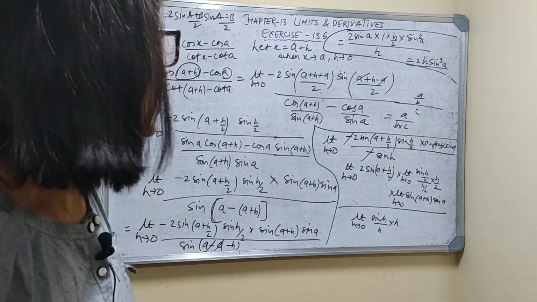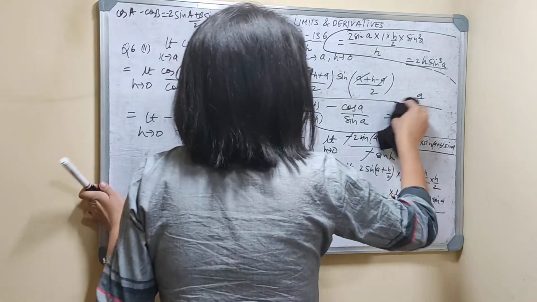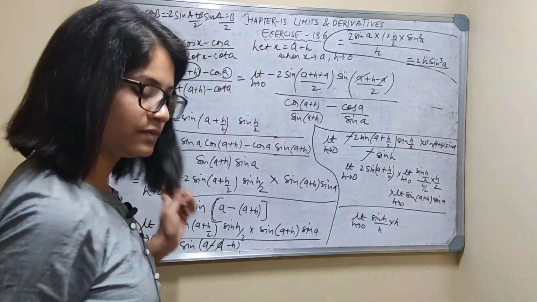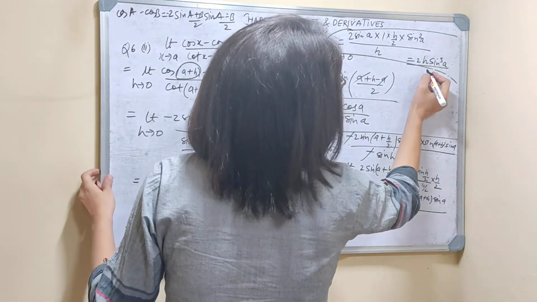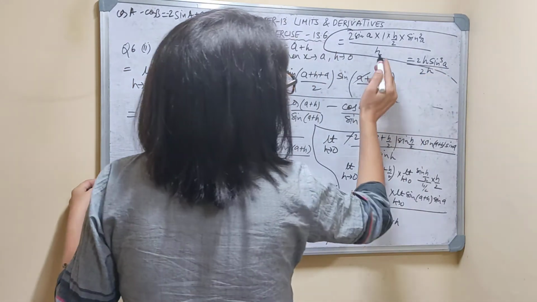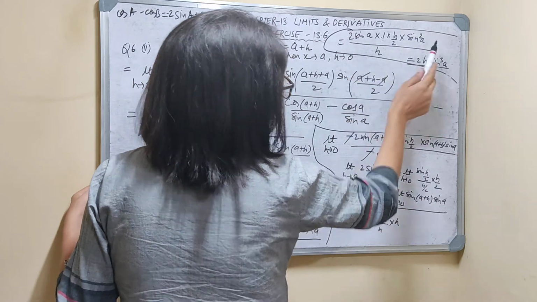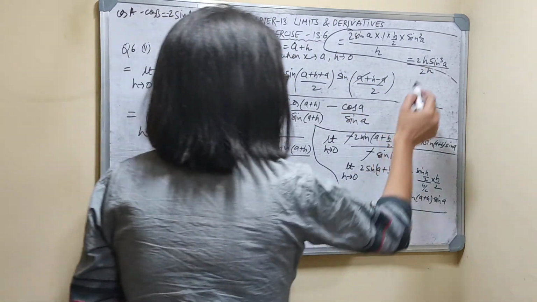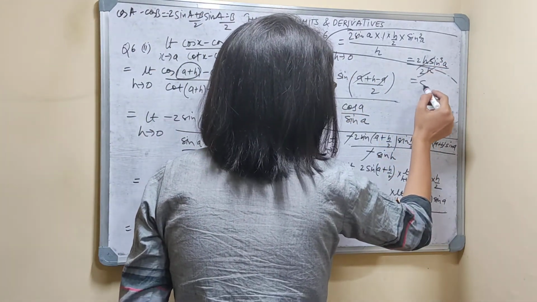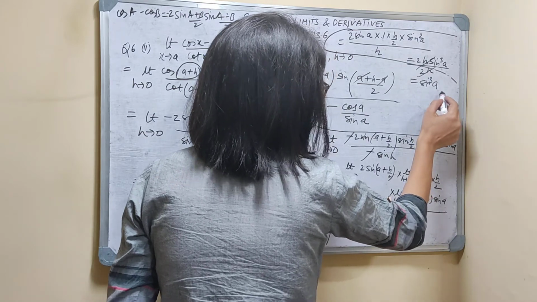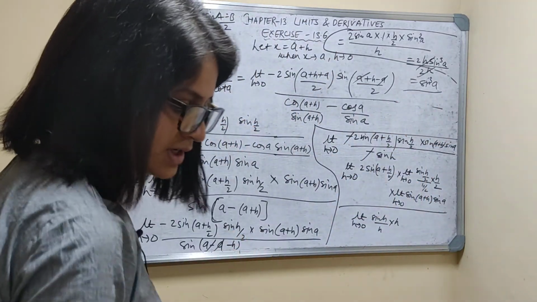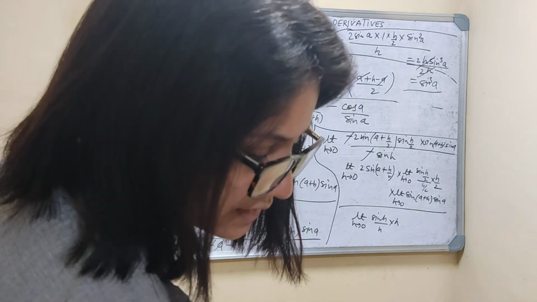Is it clear? So I will write upon 2h. 2 sine a into 1 into h into sine square a, that is what? 2h sine cube a upon 2h. So 2h cancels. So answer is what? Sine cube a is the answer. Is it clear? Sine cube a is the answer.